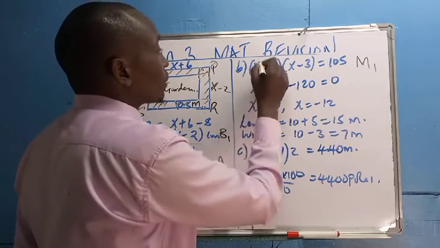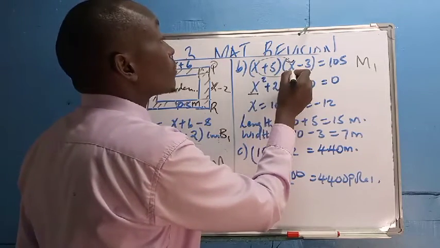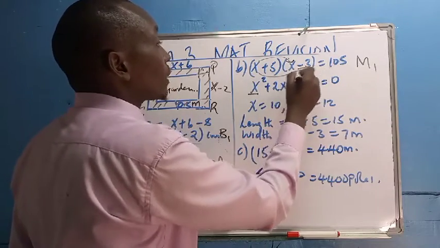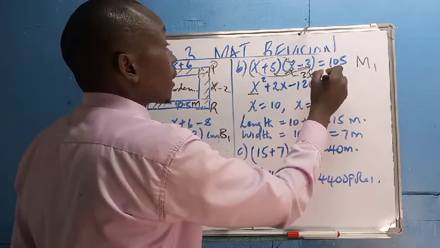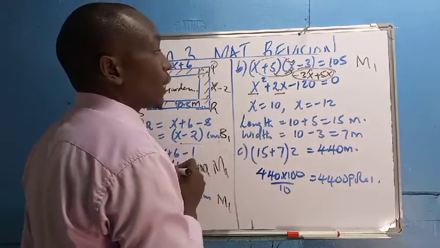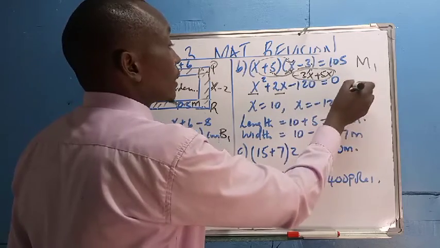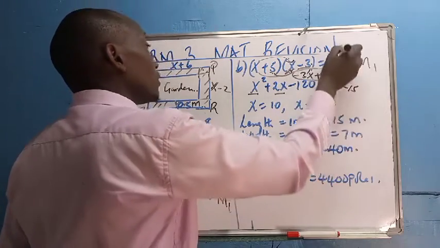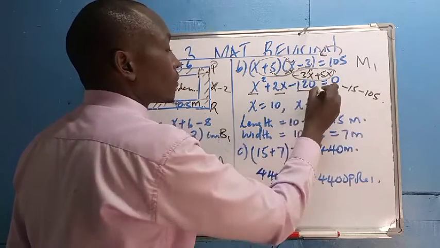So all you need to do is to multiply x times x, you get x squared. x times negative 3, you get negative 3x. Then you have this x and this, you get 5x. So if you subtract this, you get 2x. Then you have 5 times negative 3, you get negative 15. Negative 15, these will come back on this side and be negative 105. That's how you get negative 120.